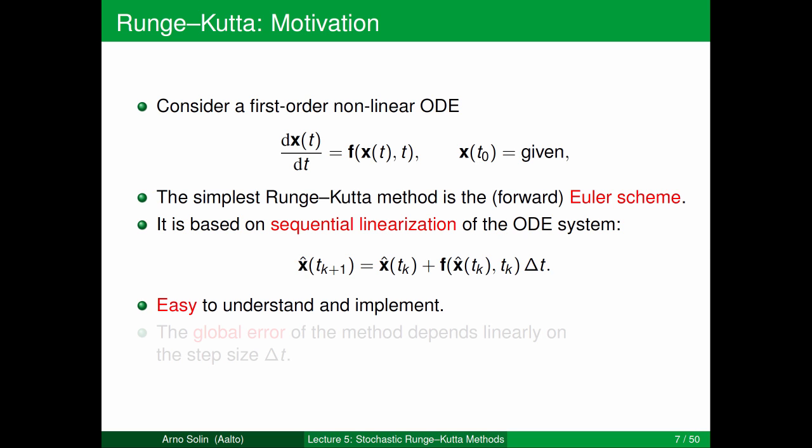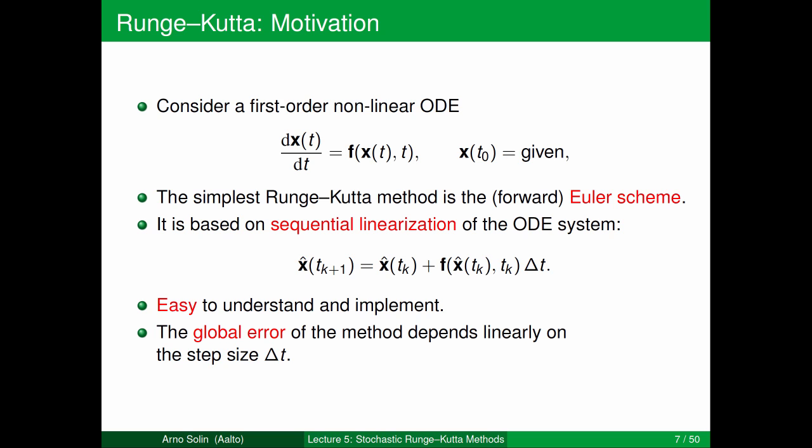This method is easy to understand and extremely easy to implement numerically. However, the global error of the method depends linearly on the step size delta t, which means that this is not the ideal method for practical use and calculations.